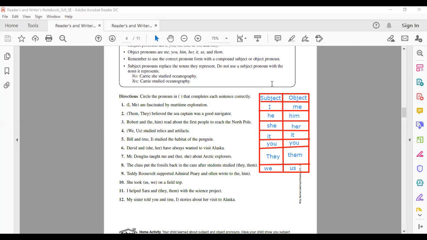You can write a little note right here, and you can write those pronouns come before the verb. So do it this way. And this one right here comes after the verb.